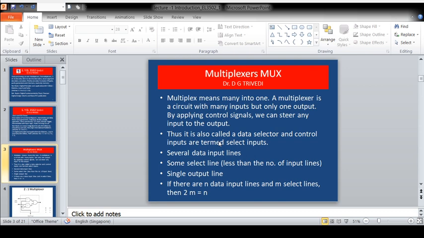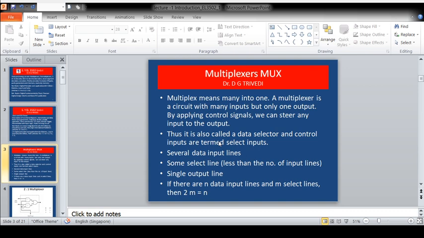If there are m control signals, a maximum of 2 raised to m inputs is possible. That means n is equal to 2 raised to m, or n is less than 2 raised to m. So the number of inputs is less than or equal to 2 raised to m.